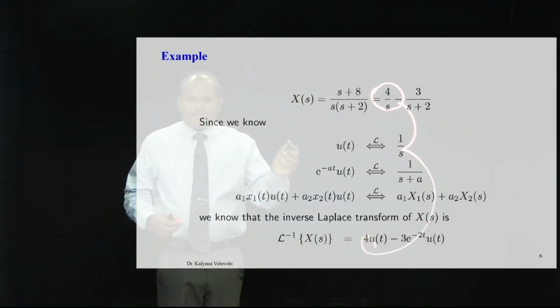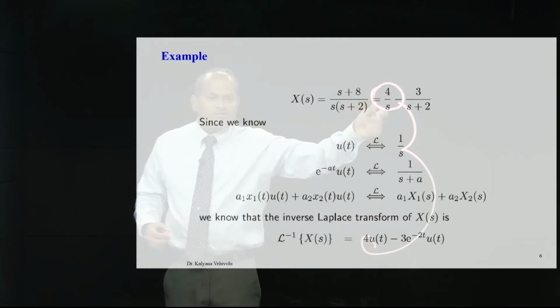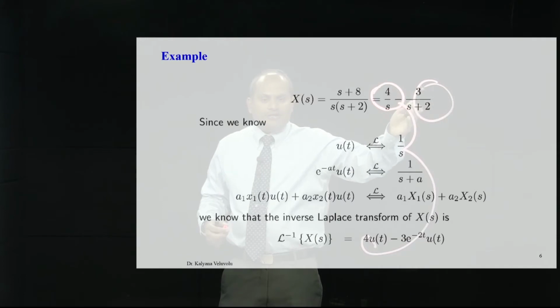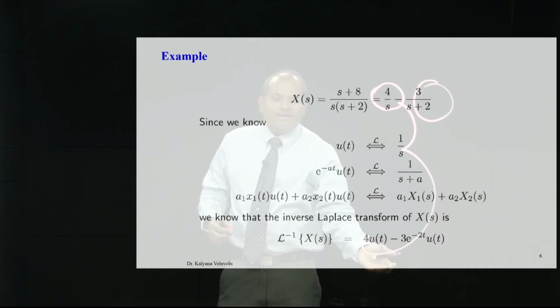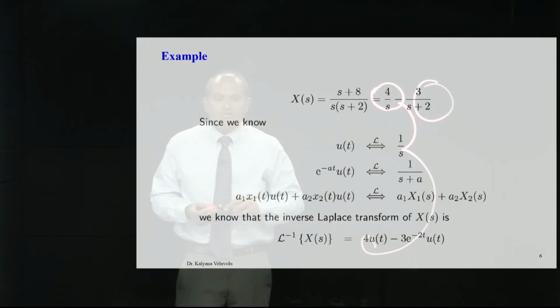So we take this function one by one, convert 4 by s first and then 3 by (s plus 2) next. By converting 4 by s and 3 by (s plus 2) and directly using the inverse Laplace transform, we can directly write the solution. So this procedure is quite intuitive and we apply it to all the problems.